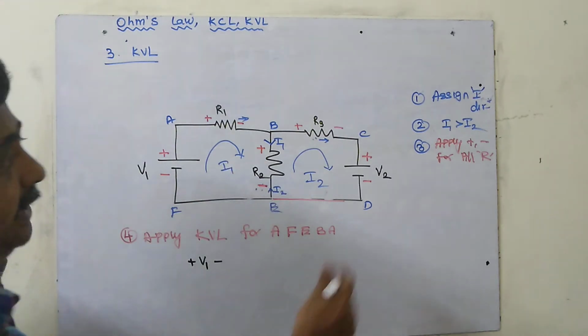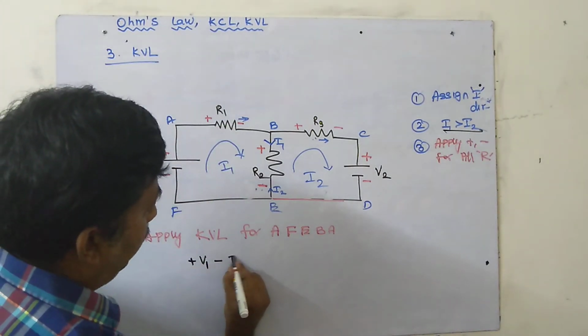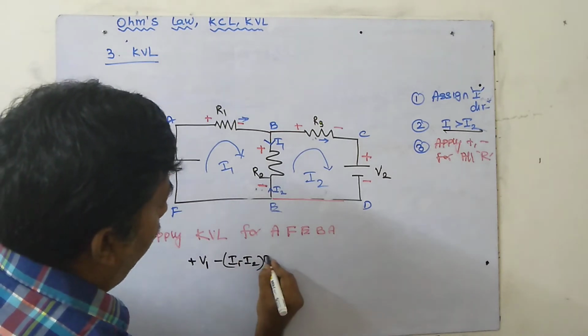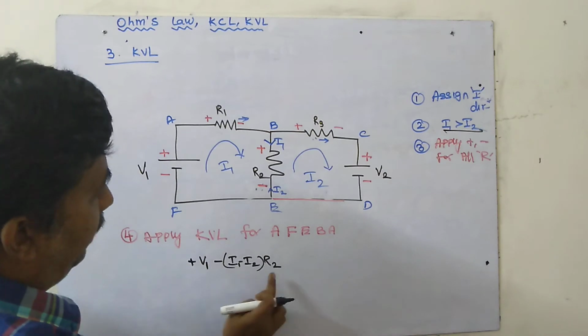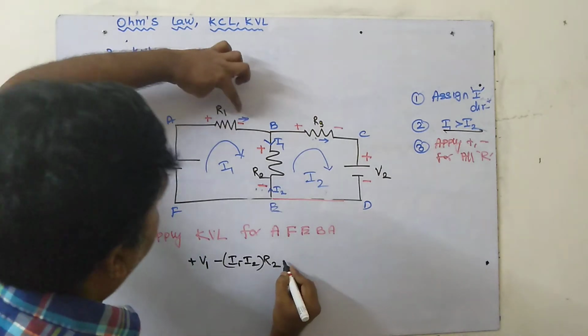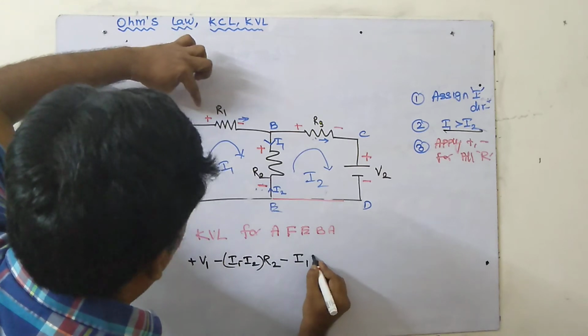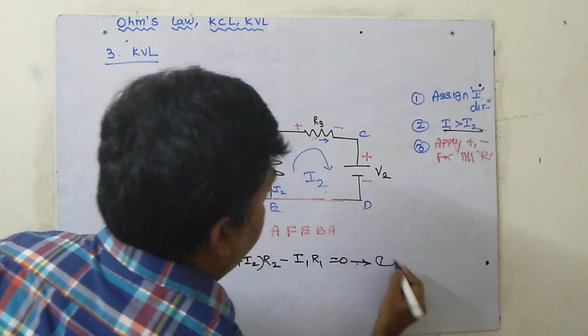It is I1 minus I2, because we have assumed I1 is greater than I2. So minus (I1 minus I2) into R2, by Ohm's law V equals IR. Then coming to this, minus I1 into R1 equals 0. This is the first equation.